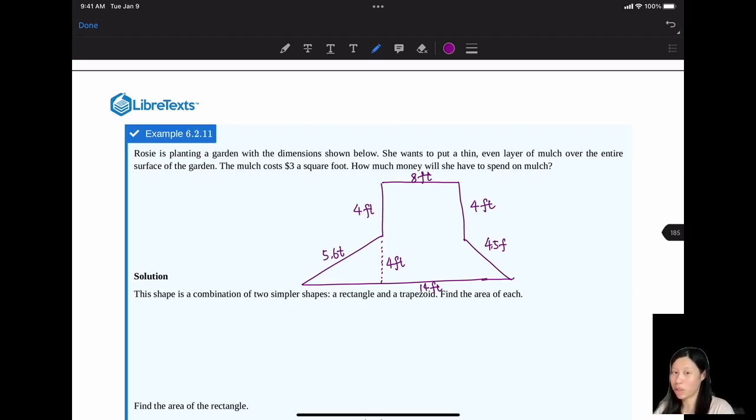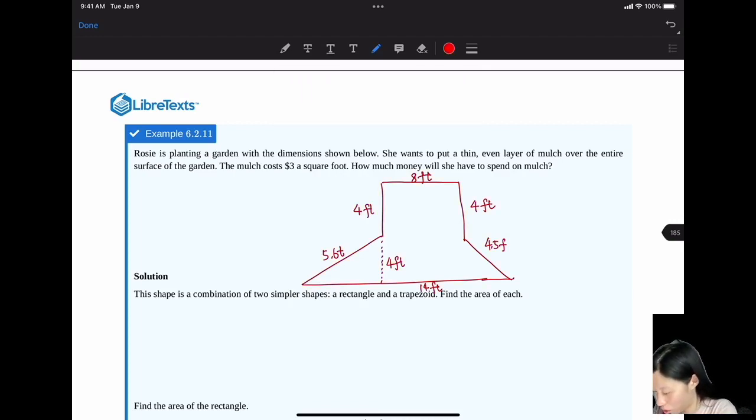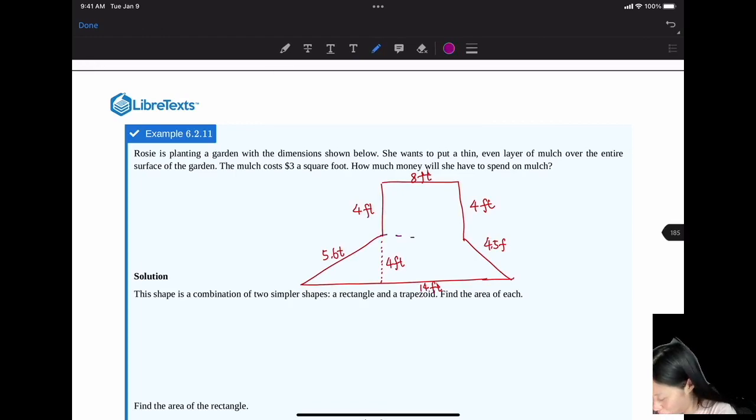But what we can do is divide them into different pieces, right? We can cut this garden into 2 pieces. One is a rectangle, the other is a trapezoid.